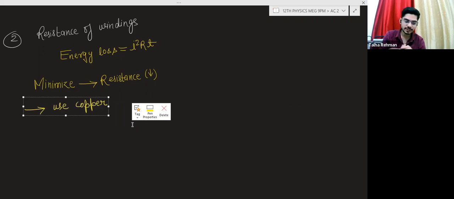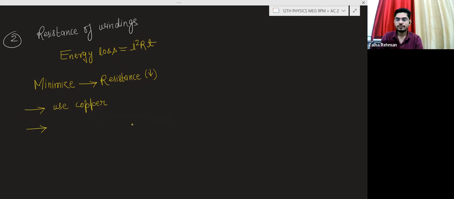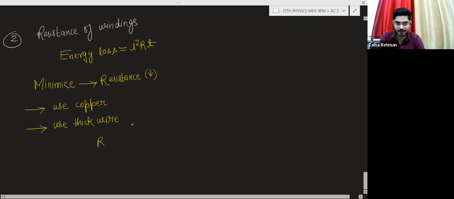Instead of that, we use thick wires. Why do we use thick wires? Because we know that resistance of the wire is equal to rho L by A, meaning resistance is inversely proportional to area.